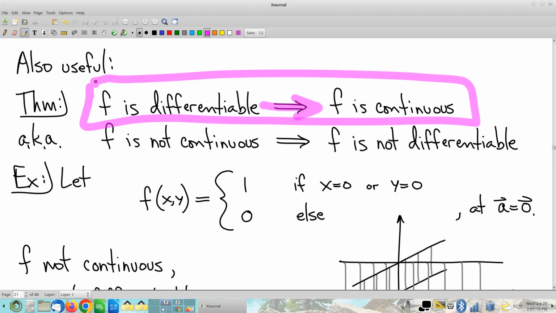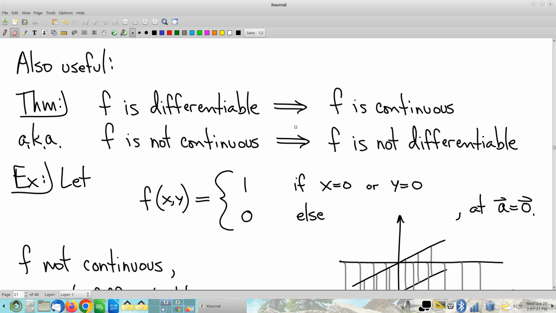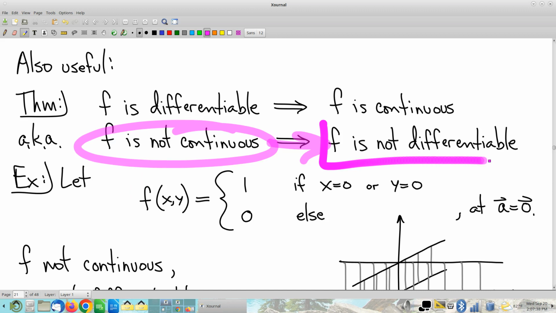Right? So what we do is we use something called the contrapositive. If P implies Q, then not Q implies not P. It's a really handy fact to know. So you can just look that up, but Google it, probably contrapositive. The contrapositive here says if you have a function that's not continuous, well, then I immediately know it's not differentiable.